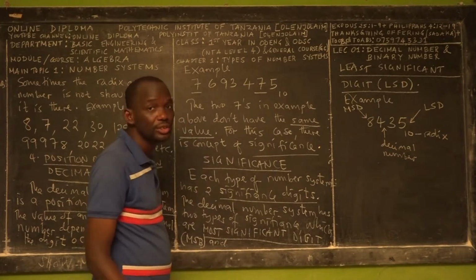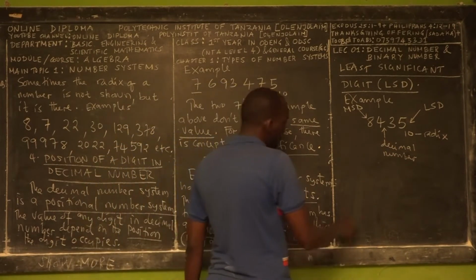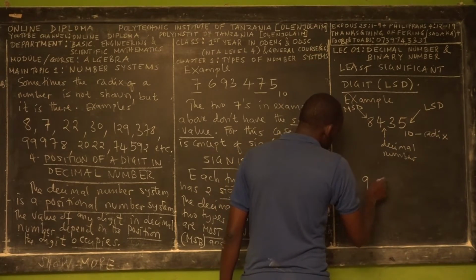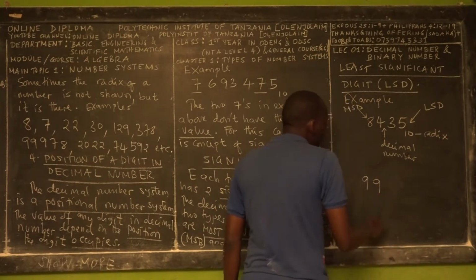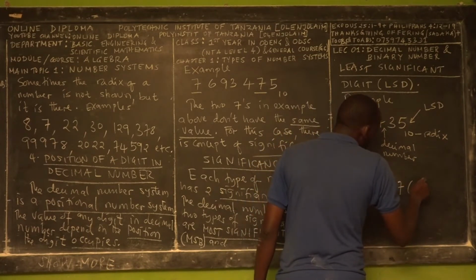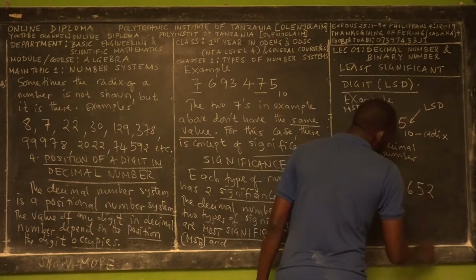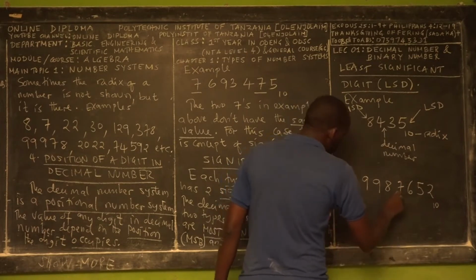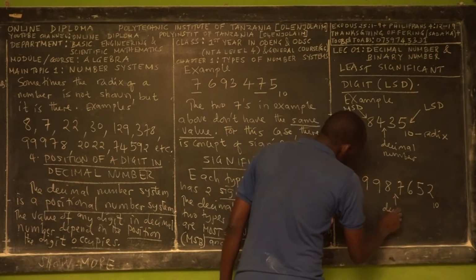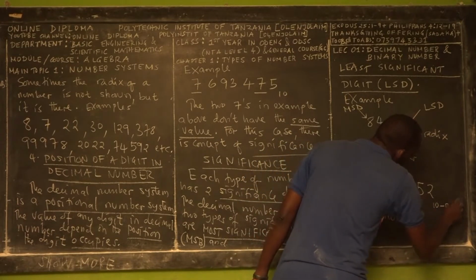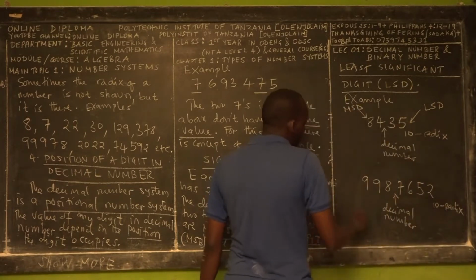Can I give you some more examples? Okay, so let us take 999876 52, like this, and we put our radix 10. This is a decimal number, one of the decimal numbers. This we call radix.